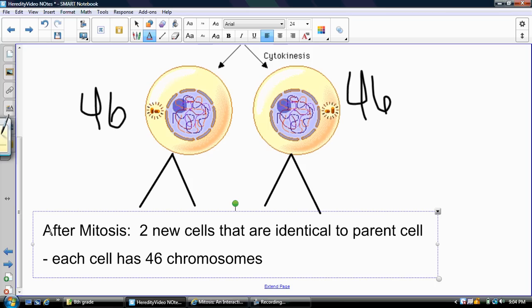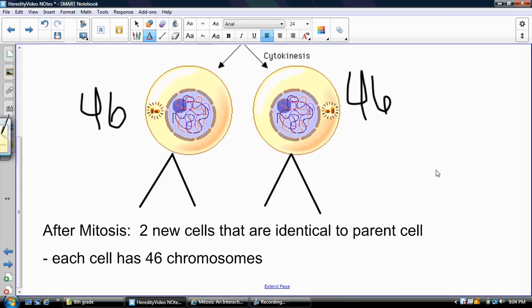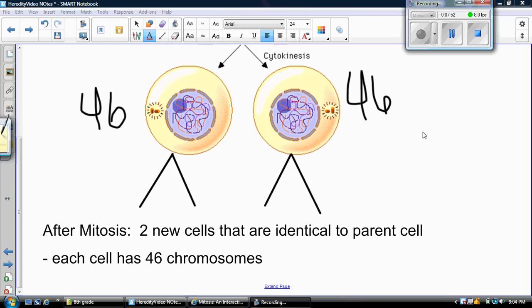That is how they are identical to the parent, because the parent started out with 46 chromosomes. So after mitosis, you now have two new cells that are identical to the parent. And that is how our cells reproduce asexually and pass on their genetic information.